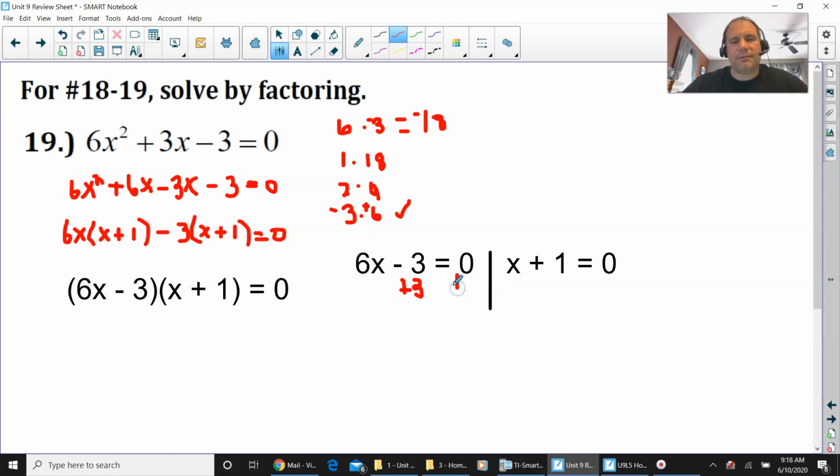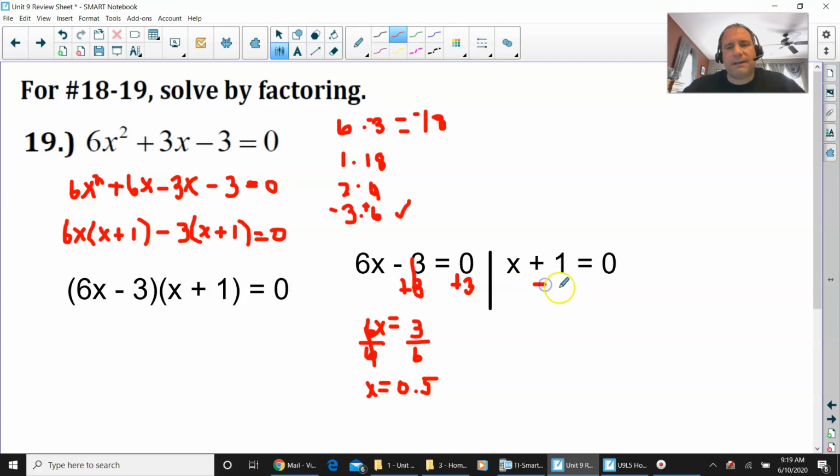You're adding 3 on both sides, and I'm sure you're going to be faster than I am because I'm writing on this horrible, horrible screen. 6x equals 3, and then I divide by 6, and you get x equals 0.5. X equals 0.5. I like to leave them in decimals because I know exactly where 0.5 is on that x-axis, where it crosses that x-axis.